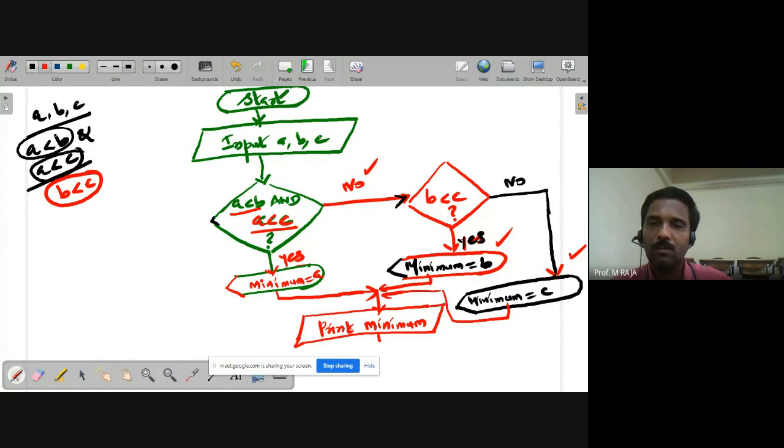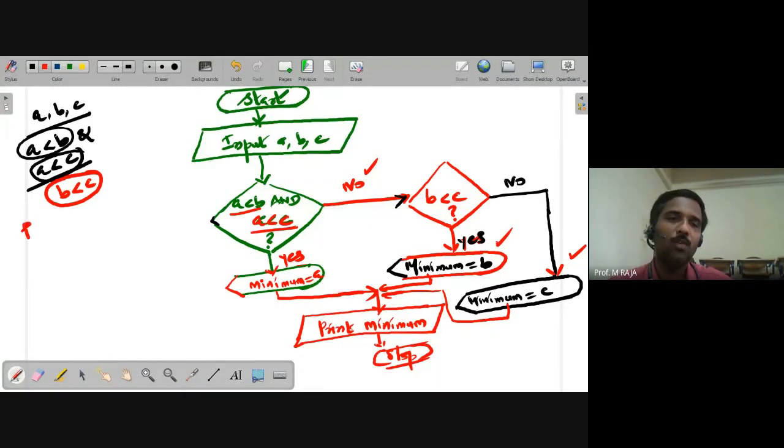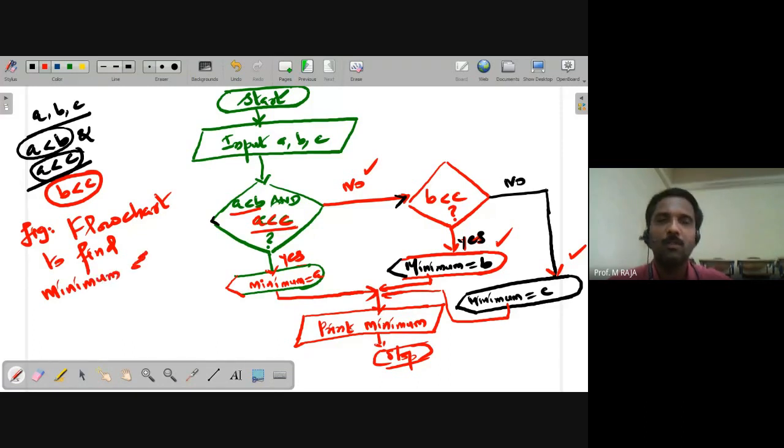Then we need to stop the execution. Start, and finally stop. This is the flow diagram, the flow chart to find the minimum of three numbers.